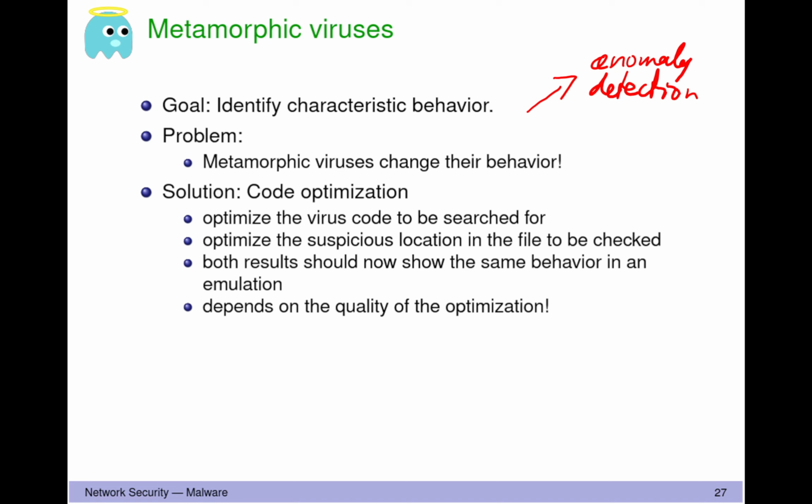What else do you do? You optimize the virus code to be searched for. Before running it, you run this pre-computation. What can be pre-computed should be replaced. There could be some suspicious locations in the beginning, at the end, at the first jump, and then you hope for the best that you find something.